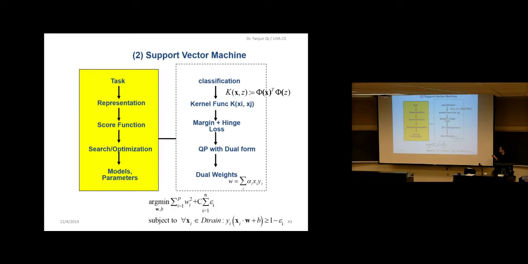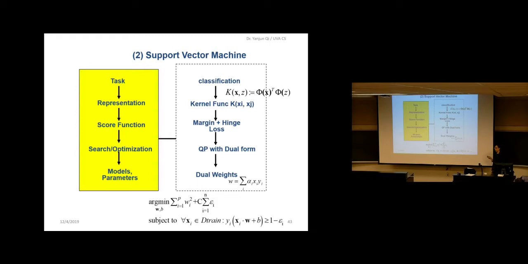And then the search is actually converted that quadratic objective function into a dual form. And then the model, so instead of the model as W, coefficient weights, our model in the SVM is the alpha. It's not W, it's actually alpha.